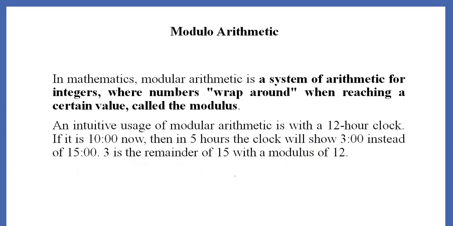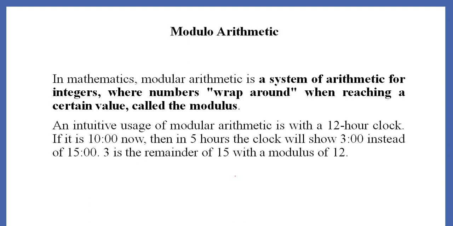Now, in mathematics, modular arithmetic is a system of arithmetic for integers where numbers wrap around when reaching a certain value, called modulus. And an intuitive usage of modular arithmetic is with a 12-hour clock.